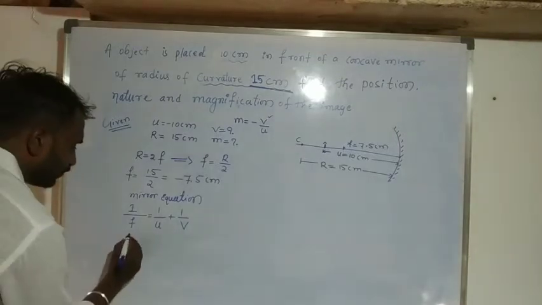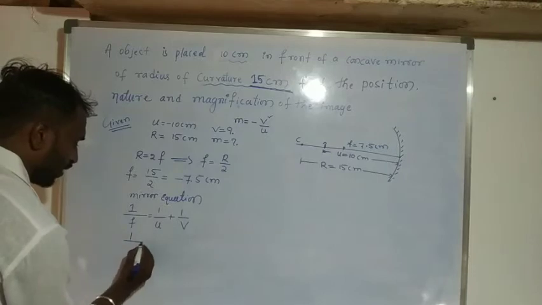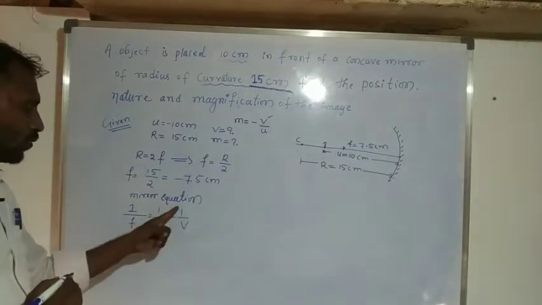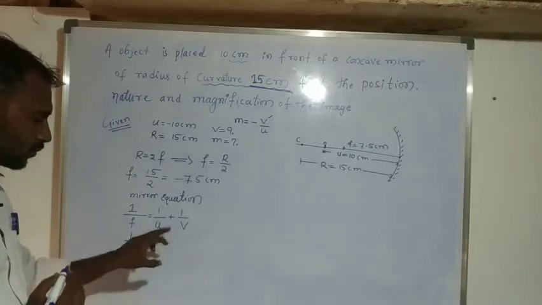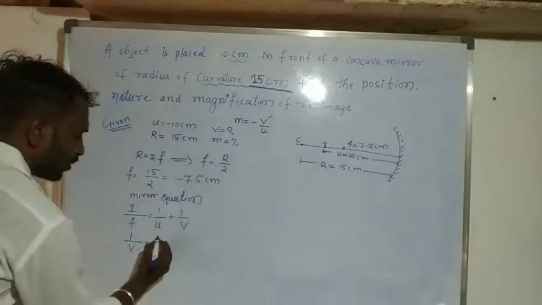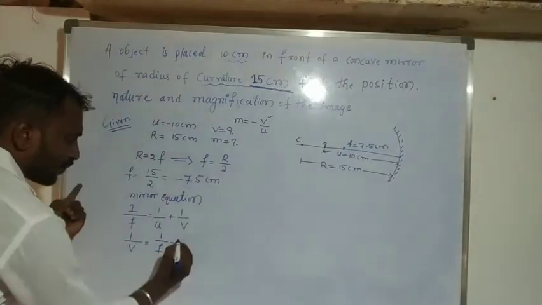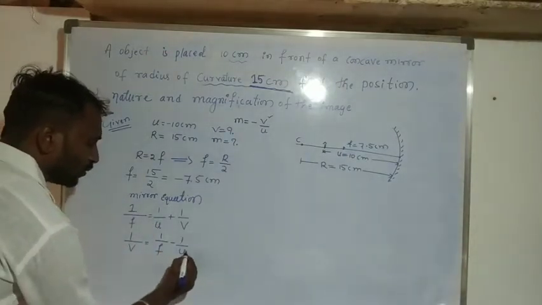So the formula: 1 by v is equal to 1 by f minus 1 by u.